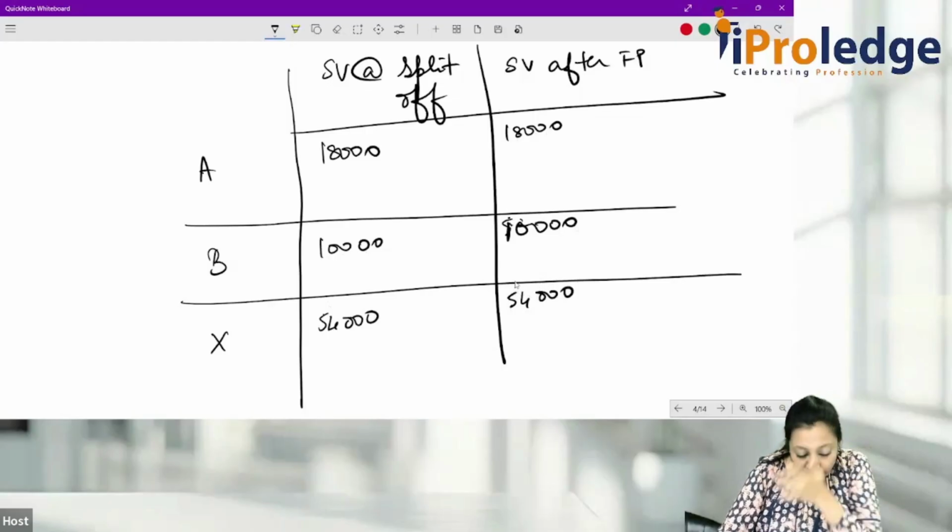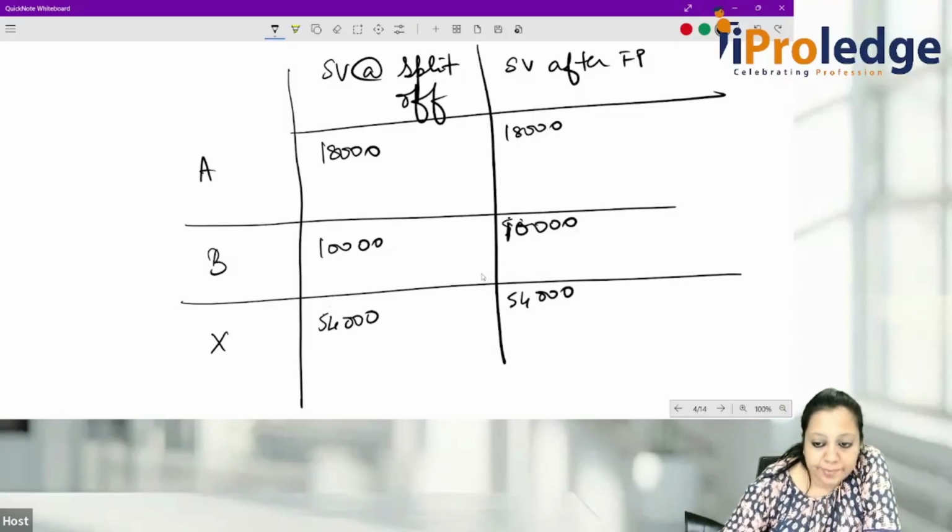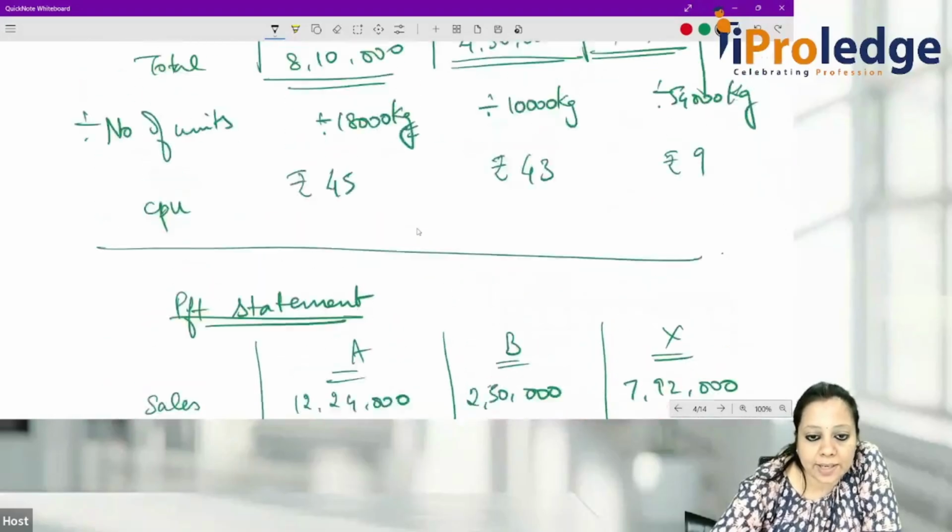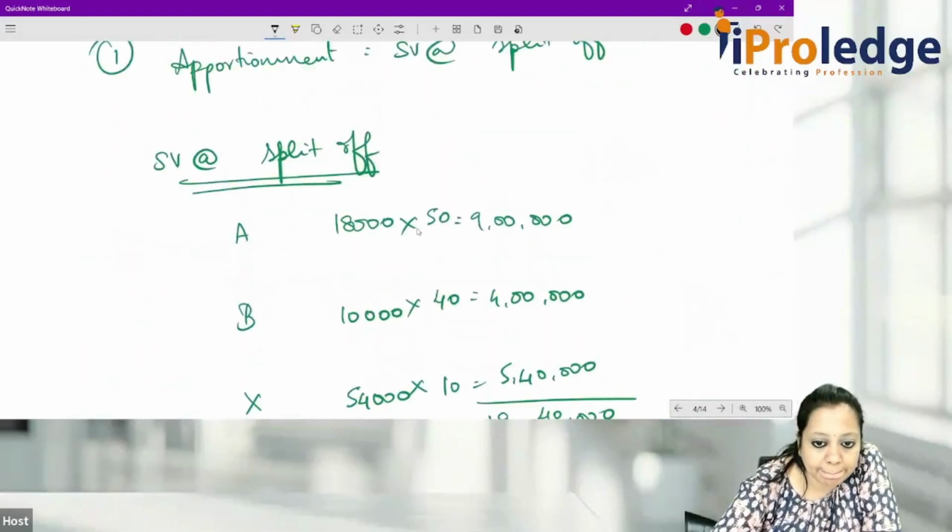While you're doing this calculation, let us go and see.